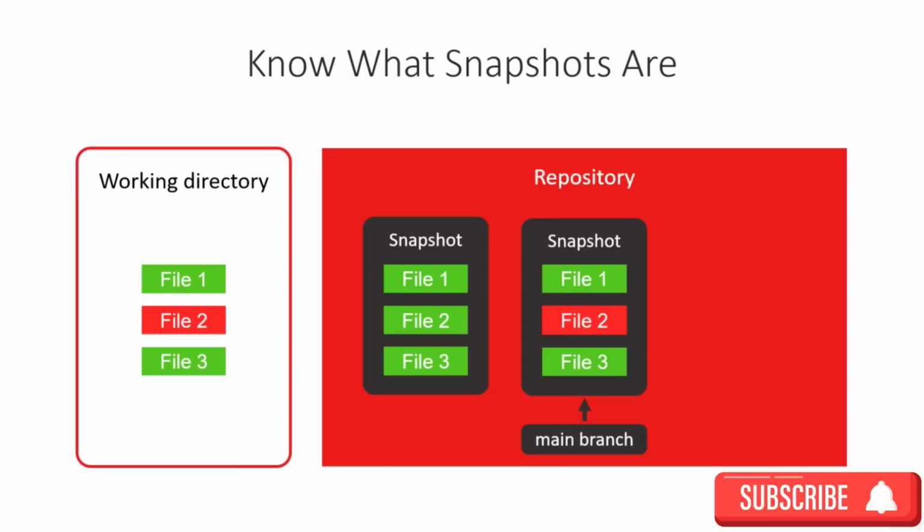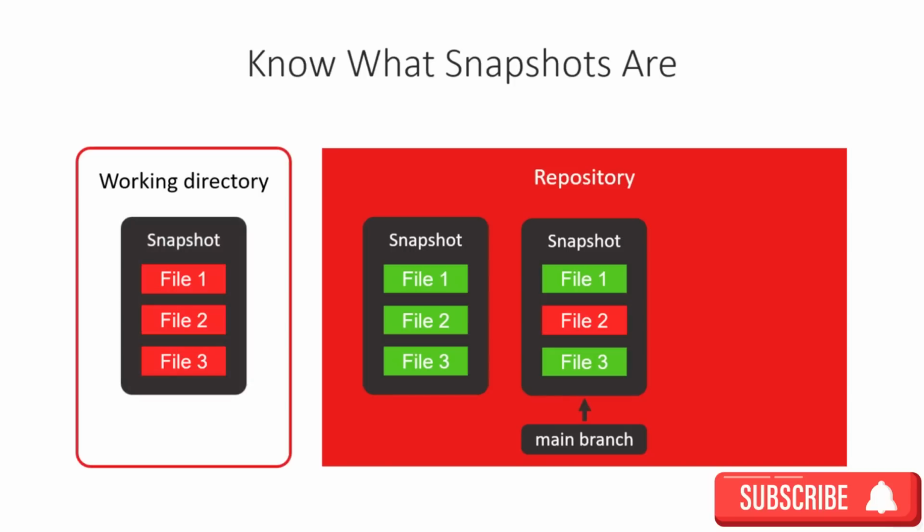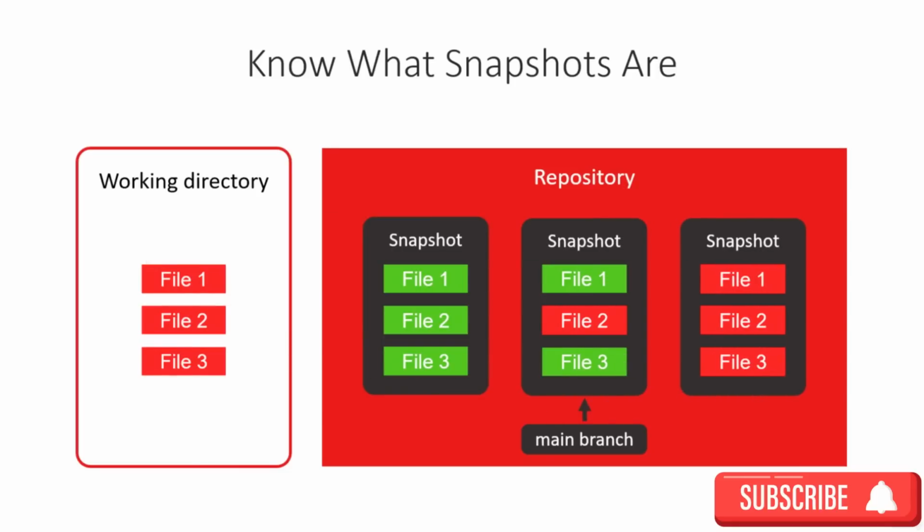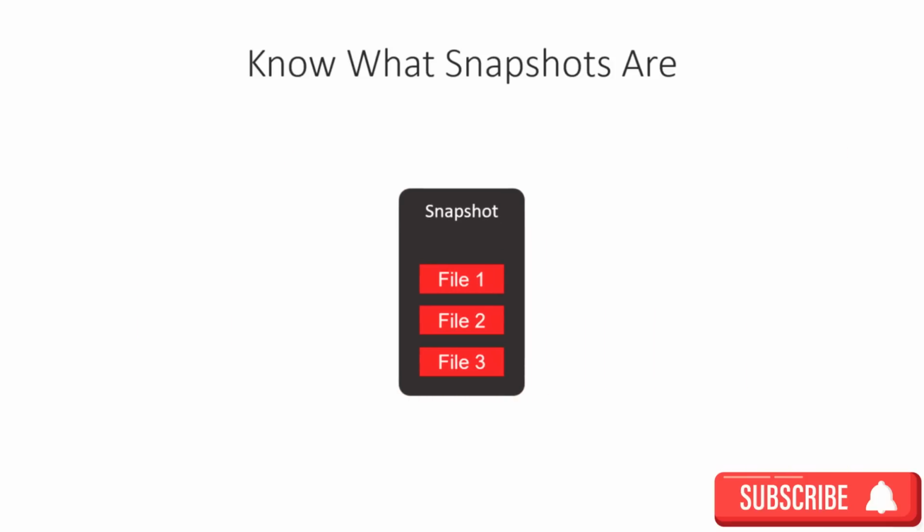When you change now, for example, file 1 and file 3, and when you stage and commit your changes, Git creates another snapshot. Again, that snapshot is stored in the repository and the main branch is moved to point to that new snapshot. Now, as I mentioned already, the term snapshot means in Git actually a commit.